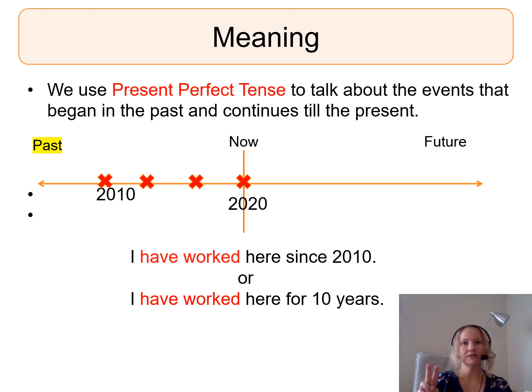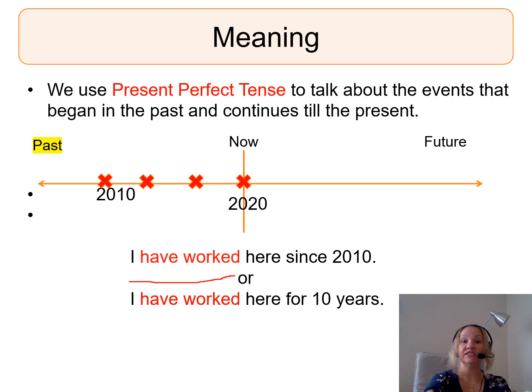The second meaning, we use present perfect tense to talk about the events that began in the past and still continues till the present time. So if you look at my timeline again, I have worked here since 2010.